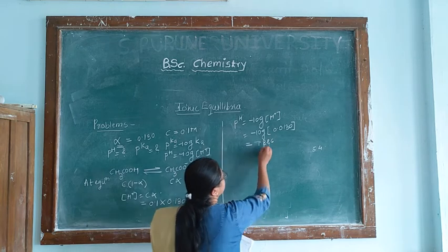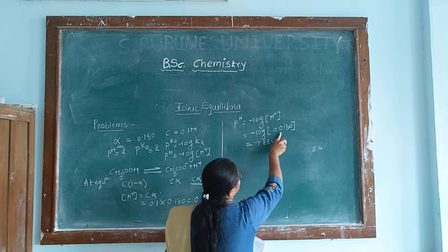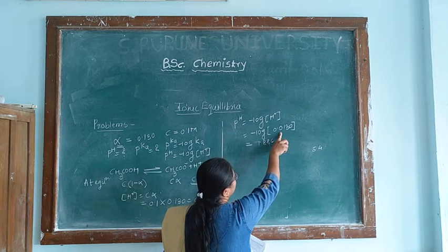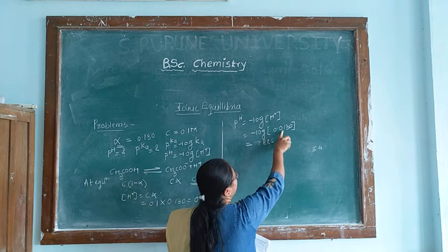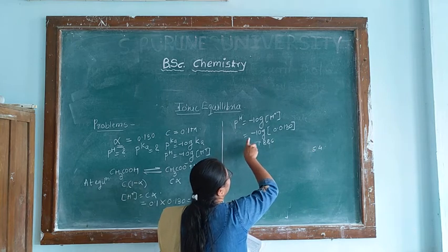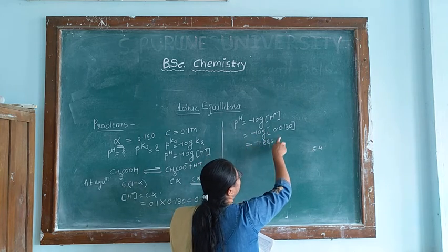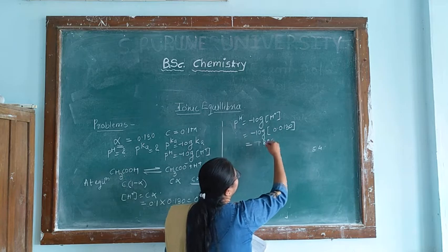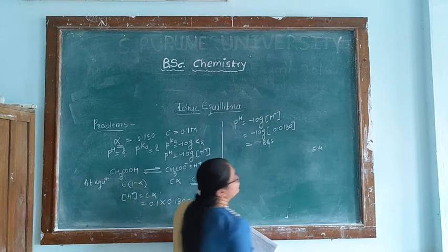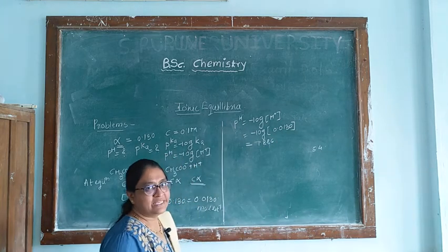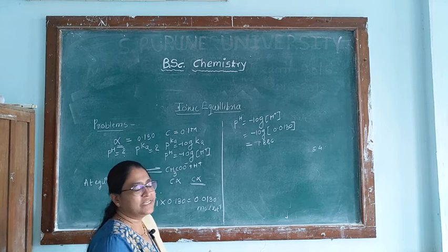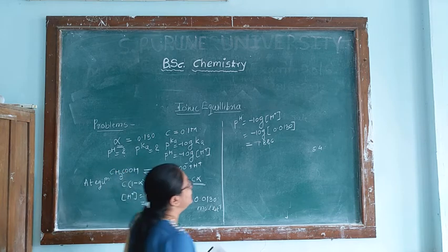1.886. Here the log actually comes to be minus 2 point something, and due to the negative sign the minus 2 will become plus 2, and the mantissa which is remaining, you will have to subtract from the remaining term.